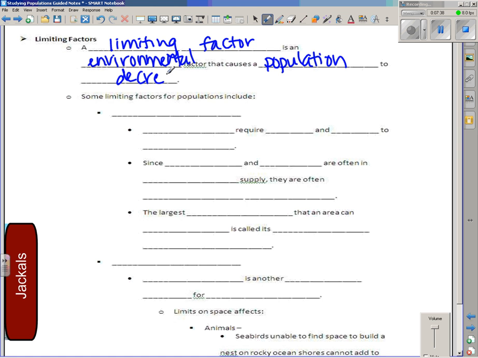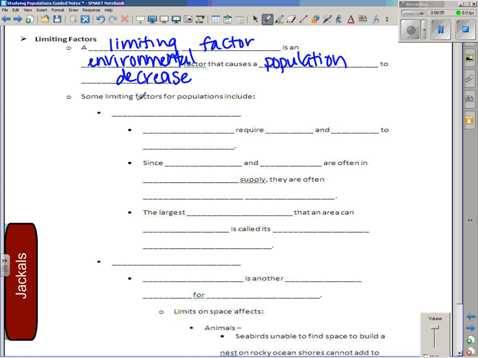Now, make sure you know the difference between the death rate and a limiting factor. Death rate is just the number of deaths in a particular time period. Now, the limiting factor, that's the reason why people are dying. That's the actual environmental factor that causes organisms to die and the population to decrease. So know the difference, because on the pre-assessment, a lot of people were getting those two things confused.